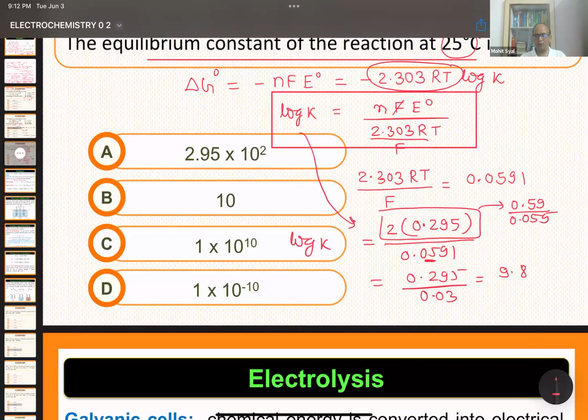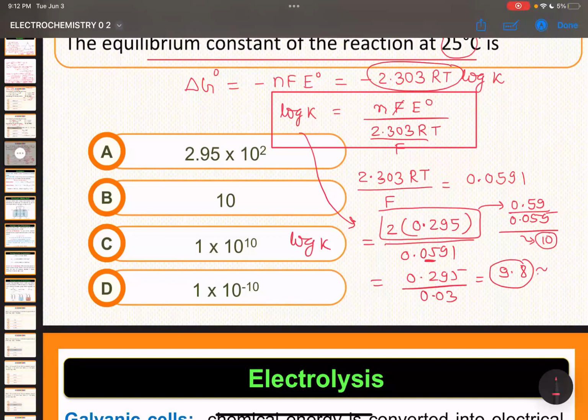Sometimes the value is in the multiple of 59, so don't use 0.06 there. If it is getting directly cancelled, you can use it like this. Is that clear, brother? This is coming out to be 10. If you round it off, 9.89 is going to come out to be 10. So log K is 10.